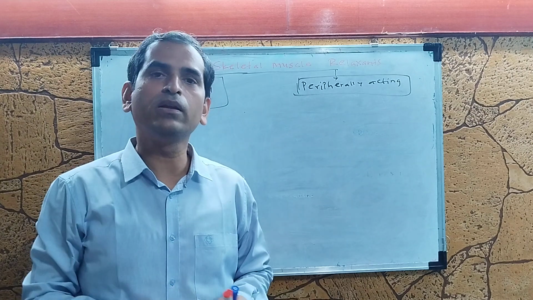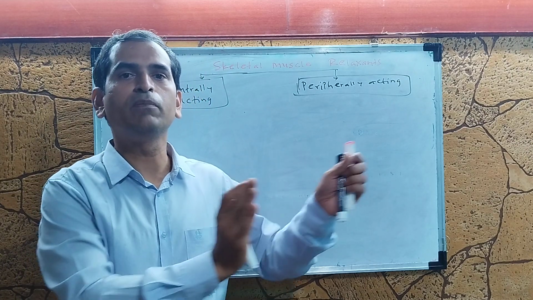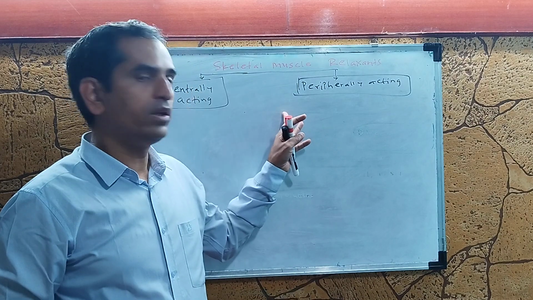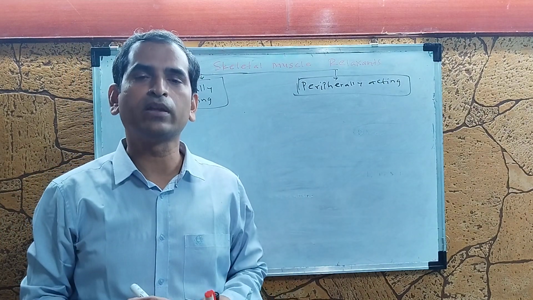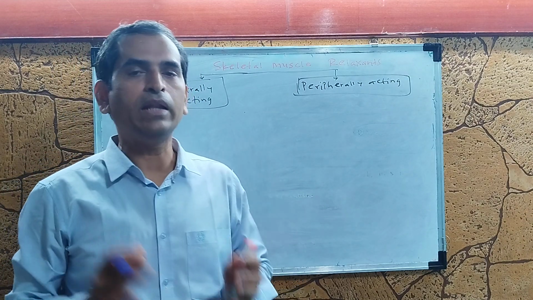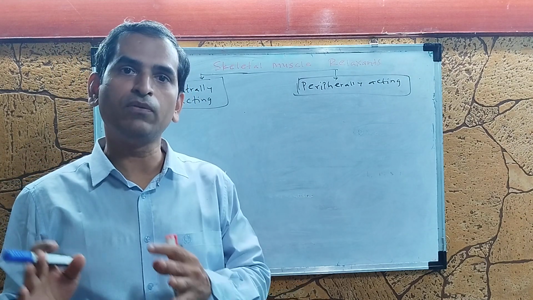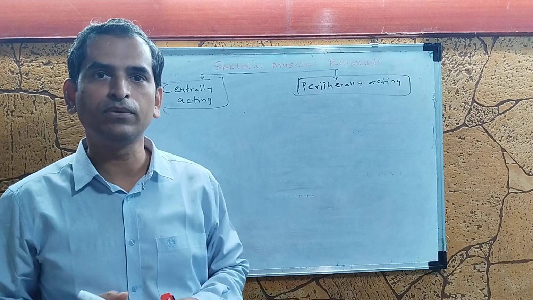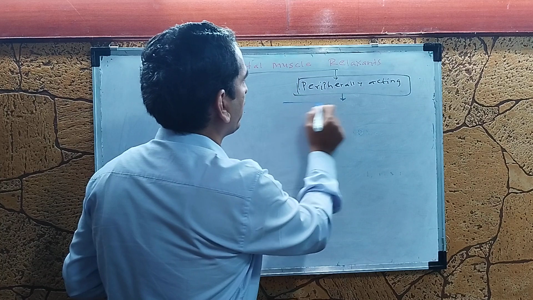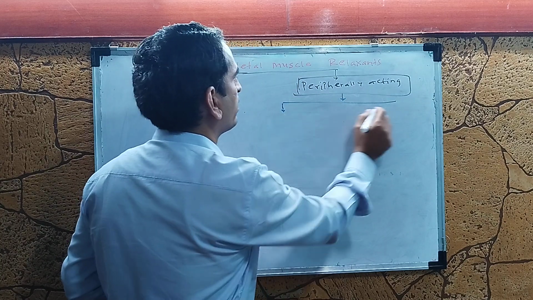Peripherally acting muscle relaxants act in the periphery. At the periphery, there are two places where these drugs can work. One is at the neuromuscular junction, and the second is directly on the muscle fiber, or the muscle itself.